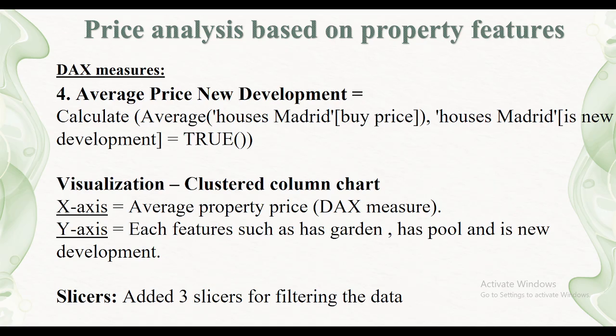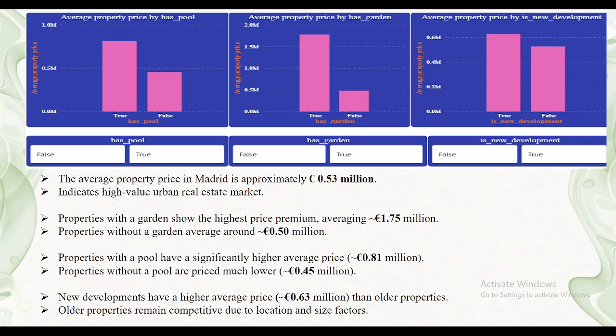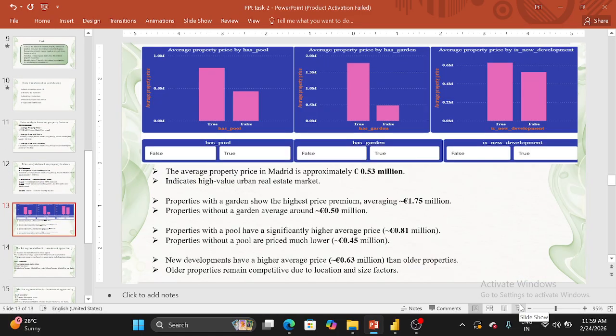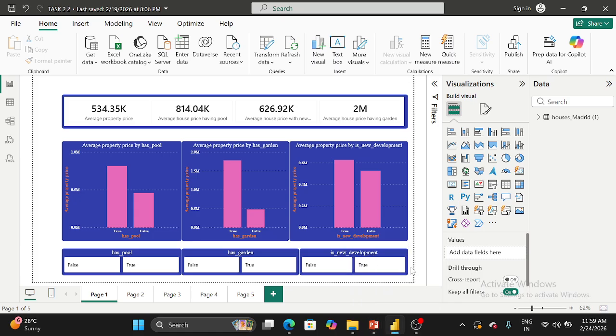And also the visualization. For the visualization, I have plotted a clustered column chart. In the x-axis, I have taken the average property price, and in the y-axis each feature like garden, pool, and new development. I have also used slicers to filter this data. This is how the visualization exactly looks. We will see it in Power BI for more effective understanding.